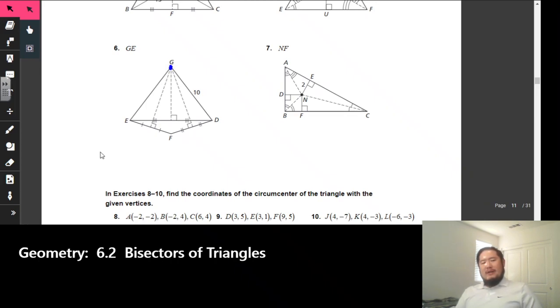Well, when a point's on the outside of the triangle, hopefully you recall, remember we went over that list of 3 different places where the circumcenter can exist. Remember, it's on your page 311. It could be on the outside, inside, or on the triangle itself. Well, this triangle right here, triangle DEF, looks like an obtuse triangle. Guess what? That happens to be the circumcenter.